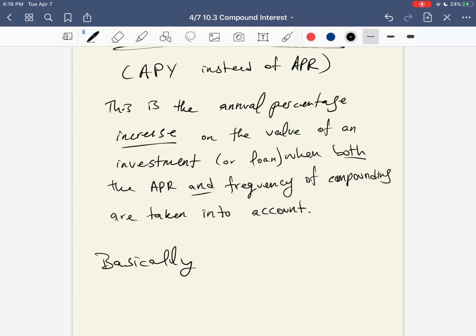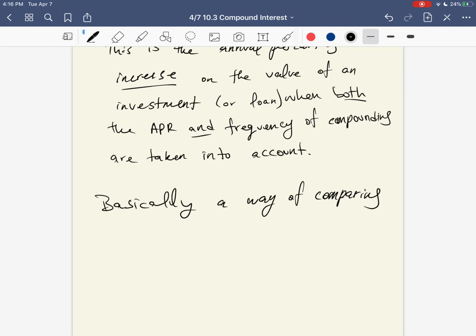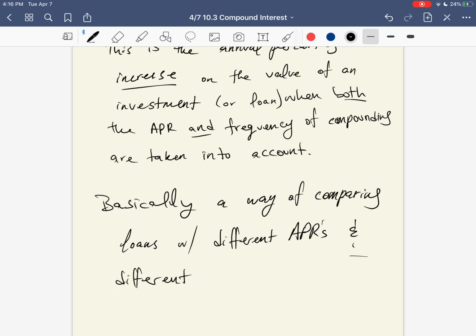It's a way of comparing loans with different APRs and different frequencies. Okay. So there's an example in your book. It's really not that hard to follow. I just don't think that I want to confuse you about that kind of thing. We'll just use APRs. We've already done the other stuff.